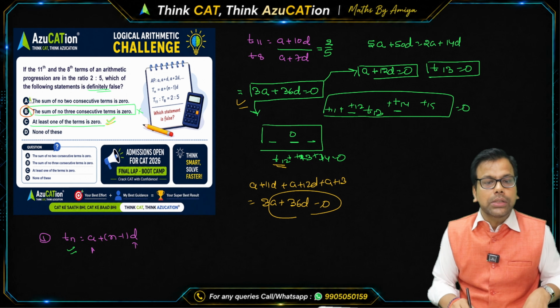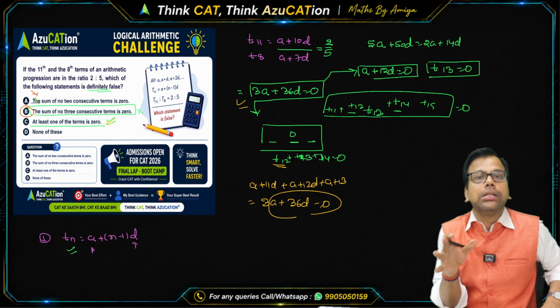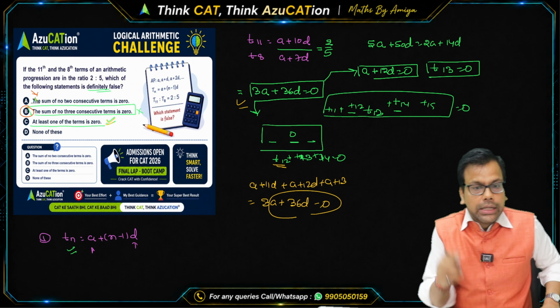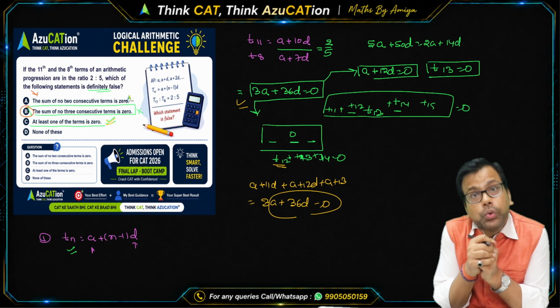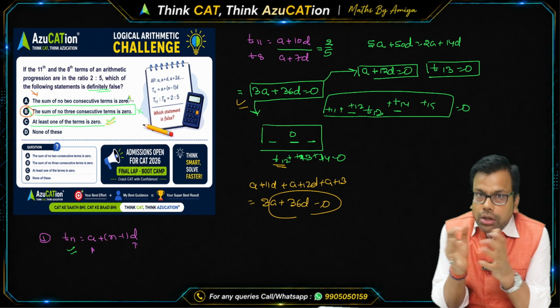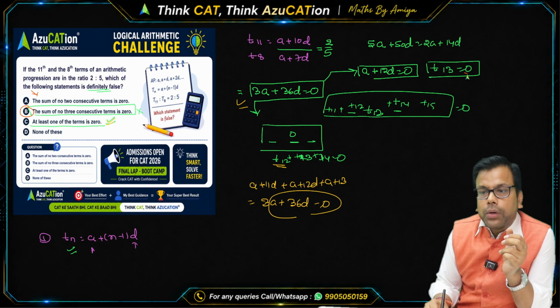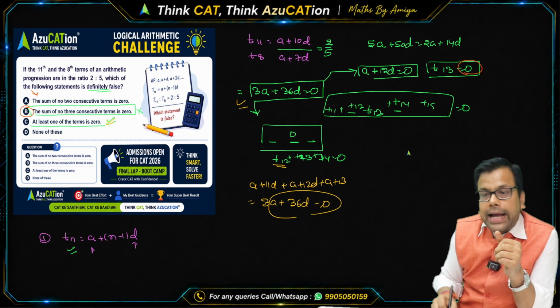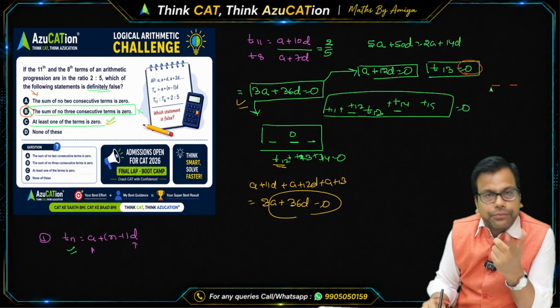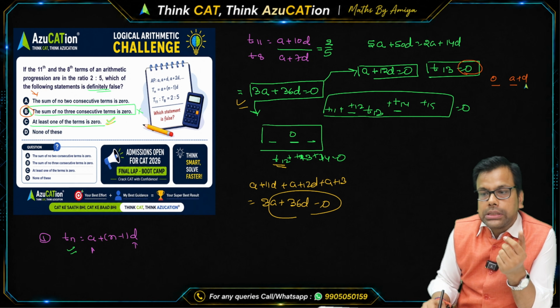Here you could ask, sir, why is A not the right answer? Sum of no 2 conjugate terms is 0. Obviously, if one term is 0, then if we go for the average value, the other term is 0 plus d.